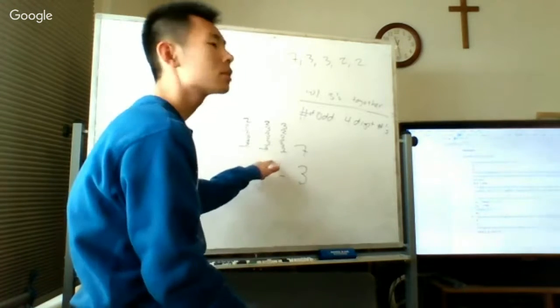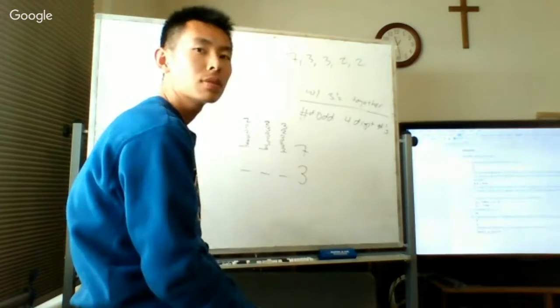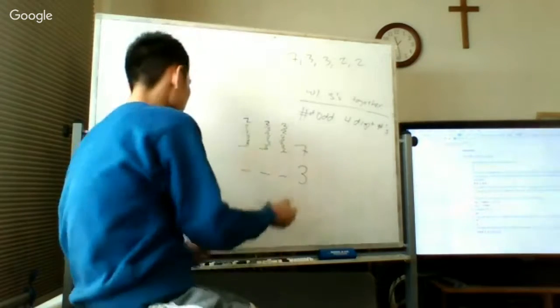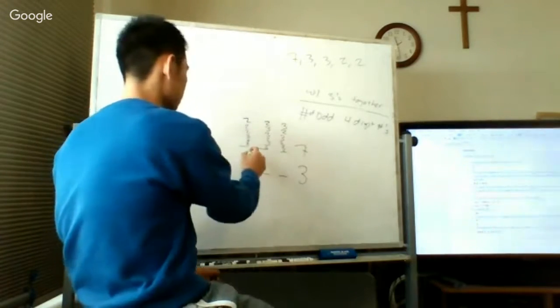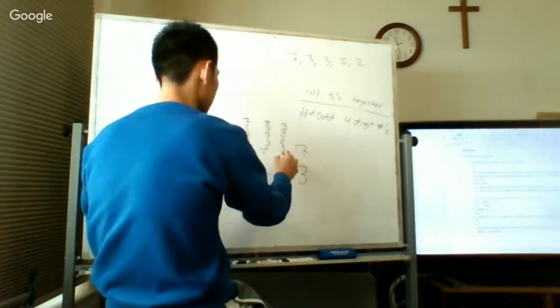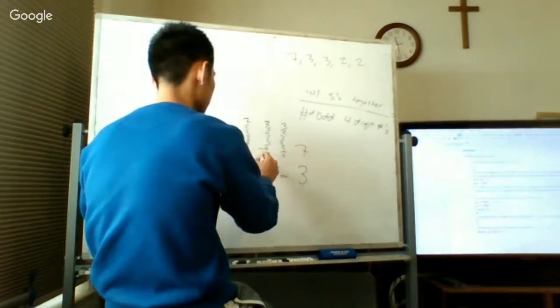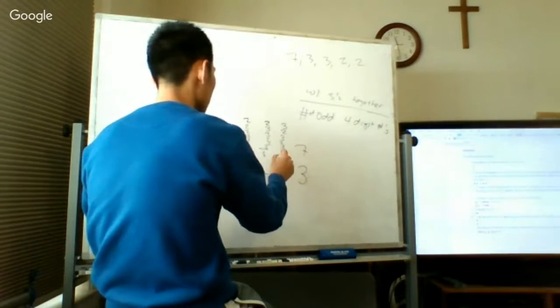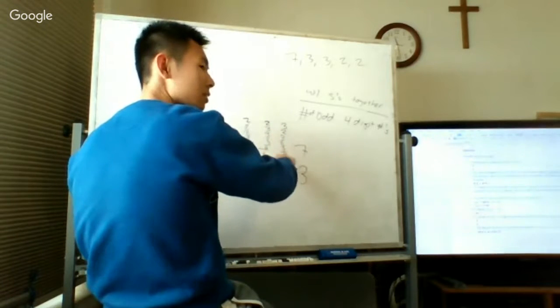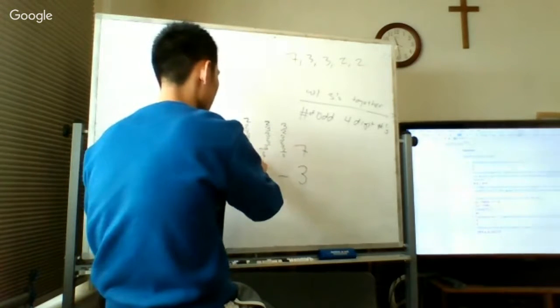So list it on your own. 2, 2, 3. 2, 3, 2. Oh, so you're saying all of these, and then you would add the plus.